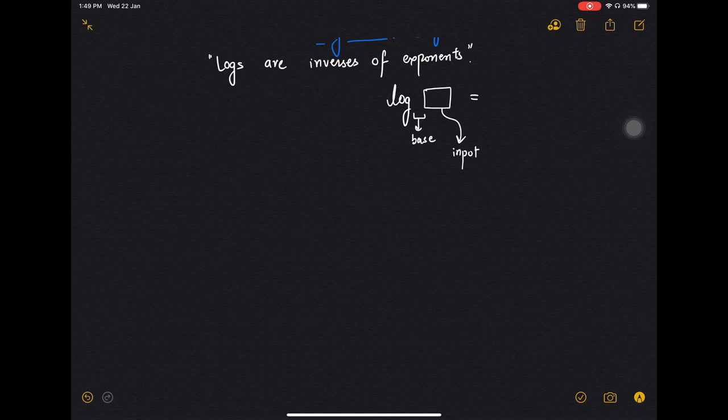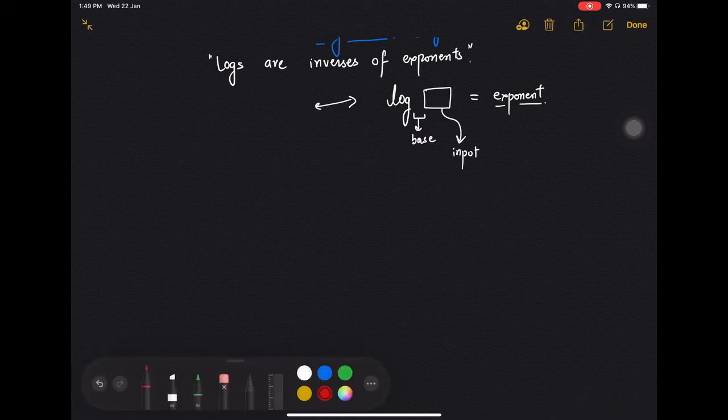The result that it gives is the exponent value of something, which is exactly opposite to what happens if you have, I'll make it easier for you to look at.